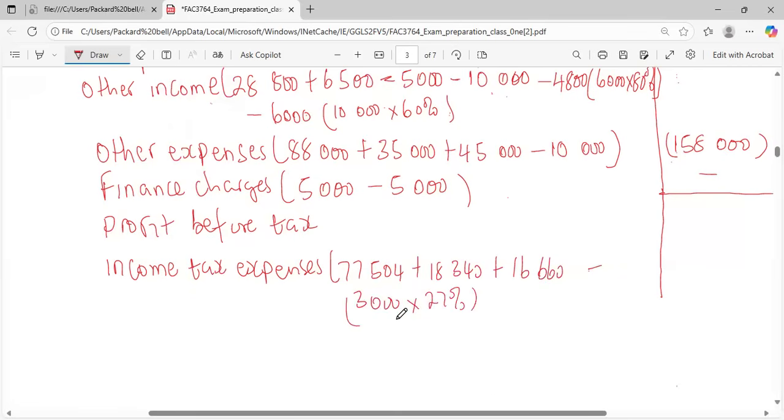How much are we going to have there? $810.